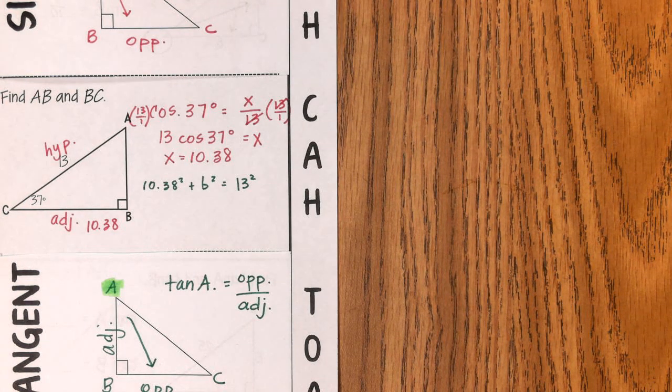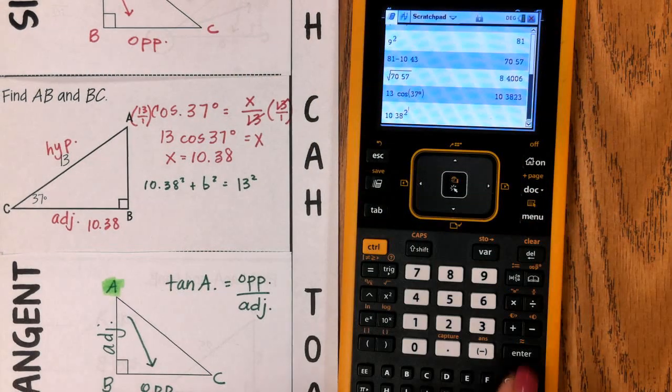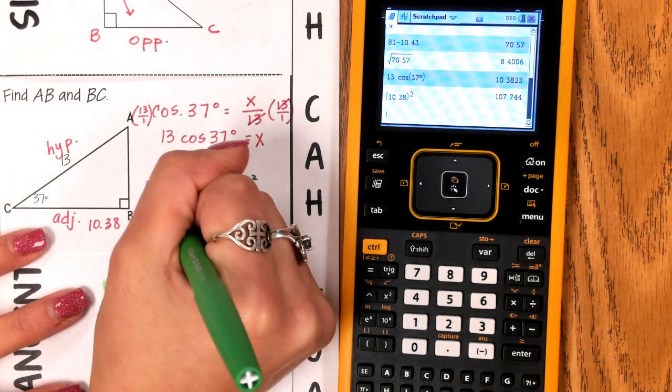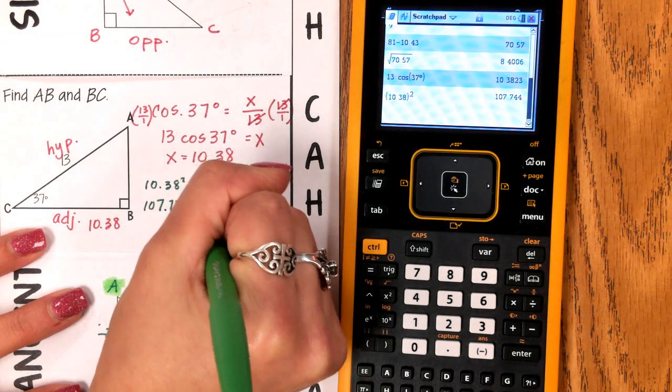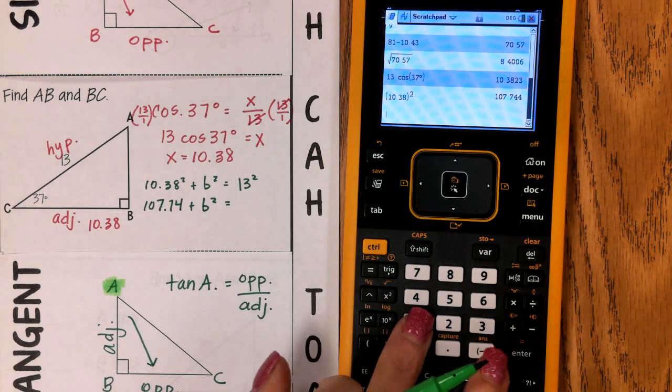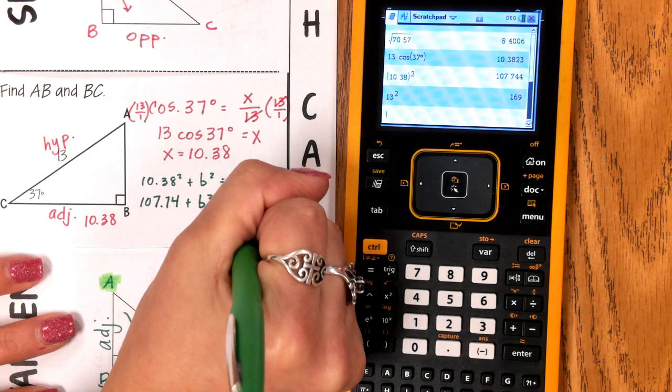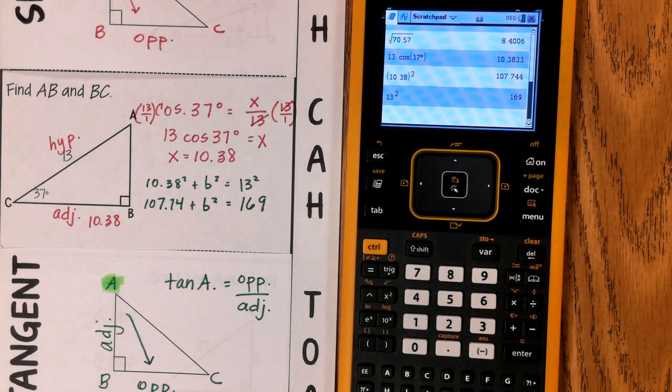Alright, so I'm going to square both numbers. So 10.38 squared and then 13 squared. What's my next step here? Subtract. Very good.